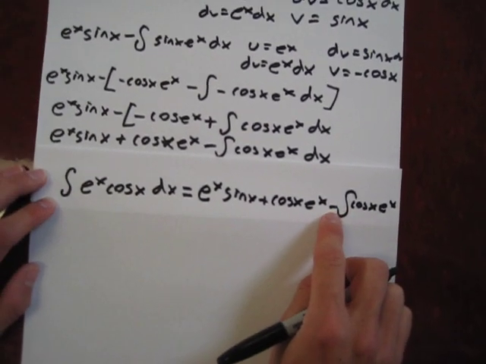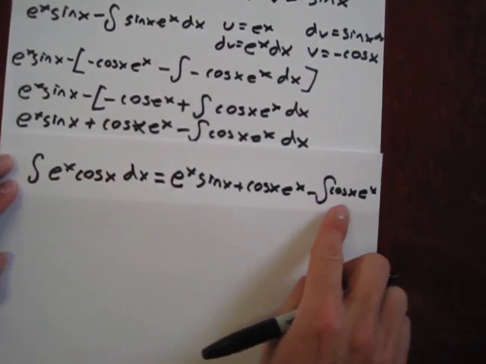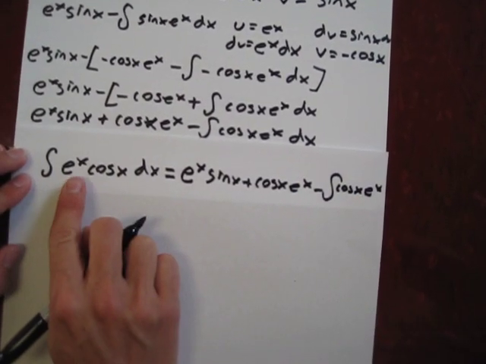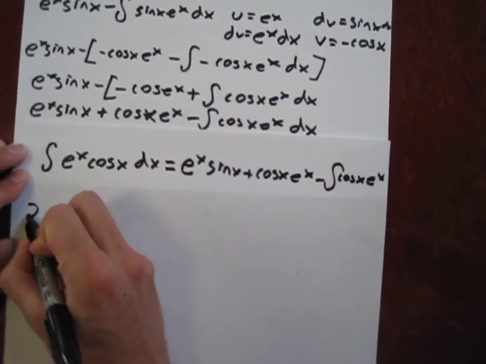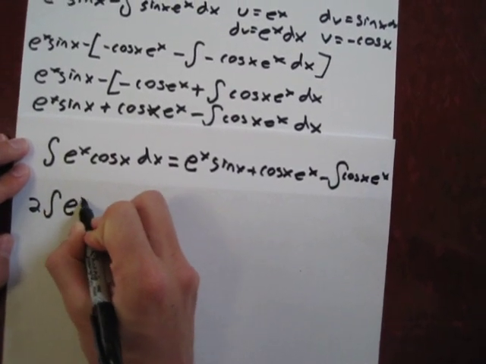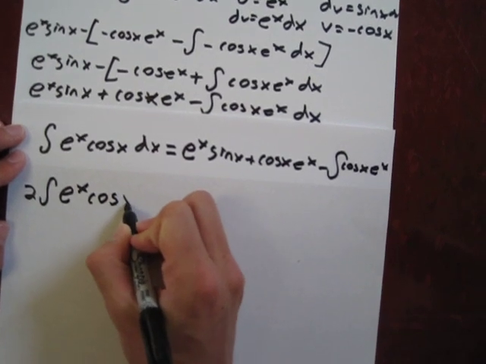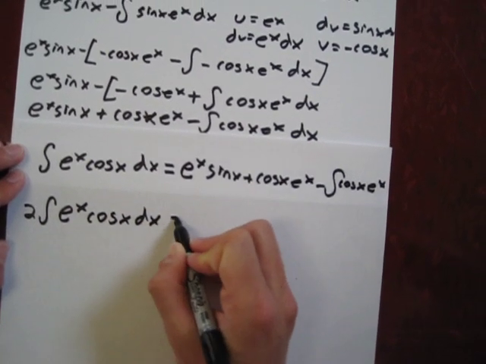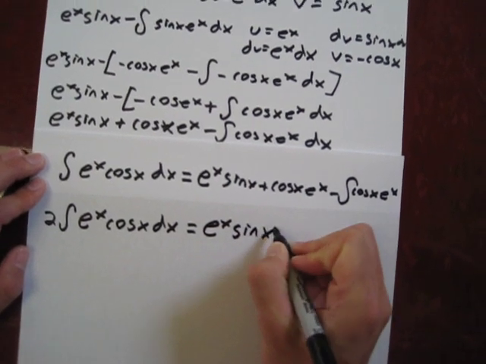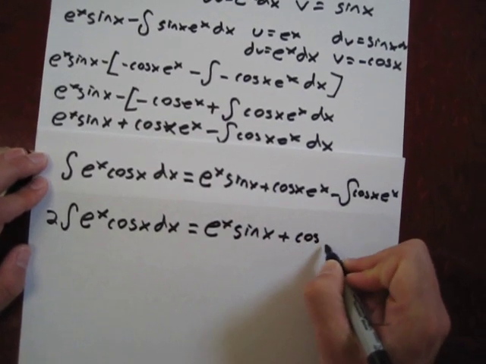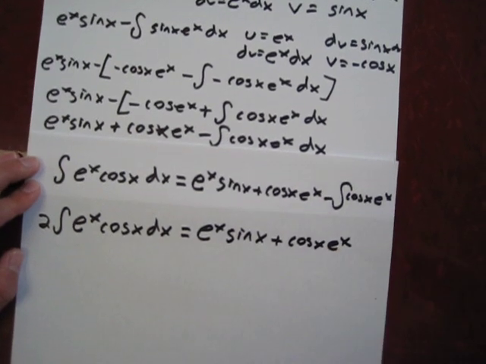And since these are the same exact term, they're each e to the x cosine x dx, I'm going to add this over and end up with 2 times the integral of e to the x cosine x dx equals e to the x sine x plus cosine x e to the x.